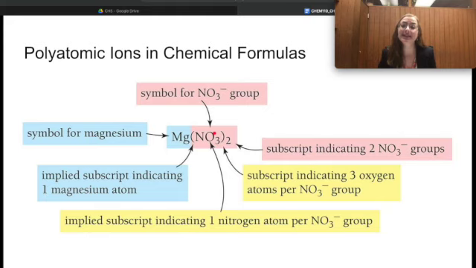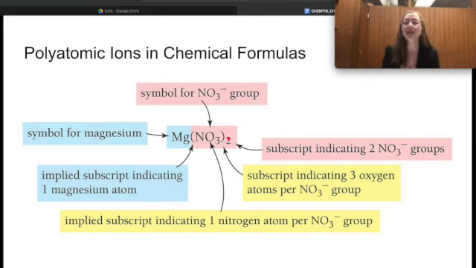So every single nitrate is always made up of 1 nitrogen and 3 oxygens, okay? However, in this case, the parentheses all the way around the NO3 with a subscript of 2 at the end means that I have 2 entire copies of that nitrate ion, okay? So what we're saying is that we have 1 magnesium ion and we have 2 nitrate ions.